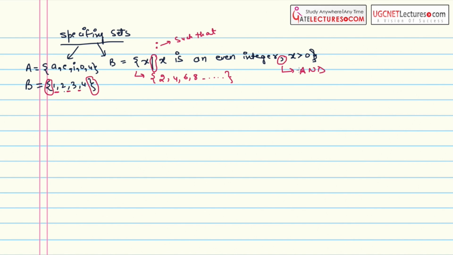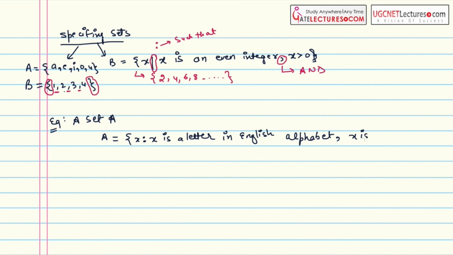So for example, we can also write a set like this. Let us suppose a set A can be written as A is equal to {X such that X is a letter in the English alphabet, at the same time, X is a vowel}.